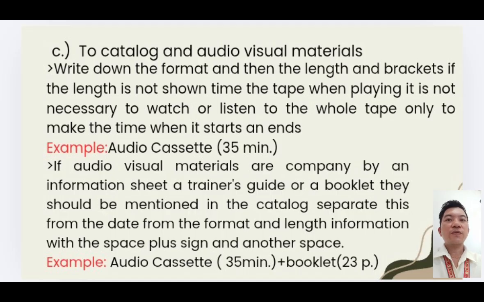If audiovisual materials are also accompanied by an information sheet, a trainer's guide, or a booklet, this should be mentioned in the catalog, separated from the format and length information with a space, plus sign, and another space. For example, (audio cassette) 35 minutes + (booklet) 23 p.